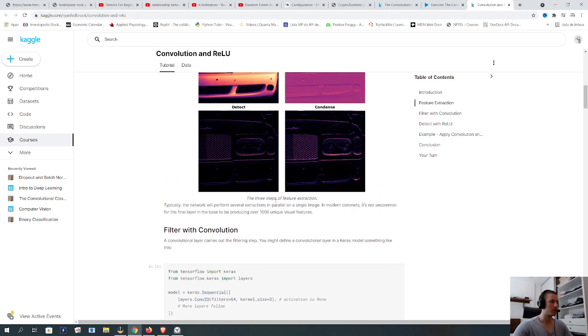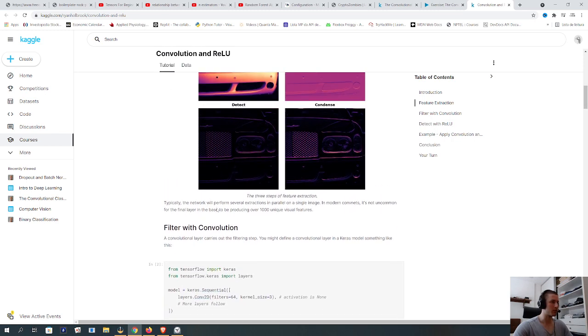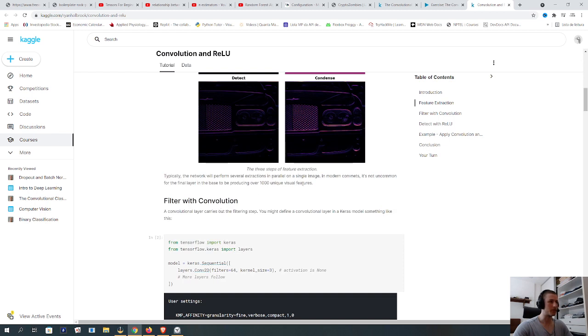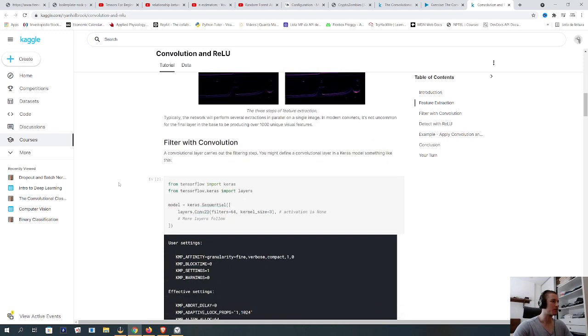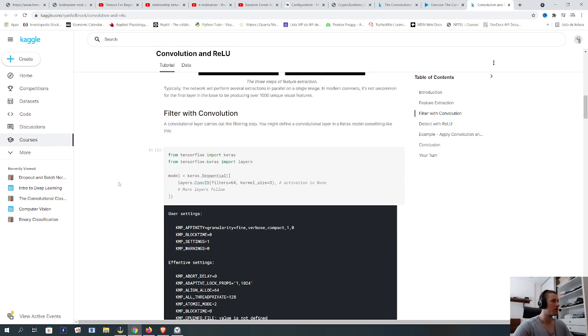Typically, the network will perform several extractions in parallel on a single image. In modern convnets, it's not uncommon for the final layer of the base to be producing over 1,000 unique visual features. Filter with convolution. A convolutional layer carries out the filtering step.